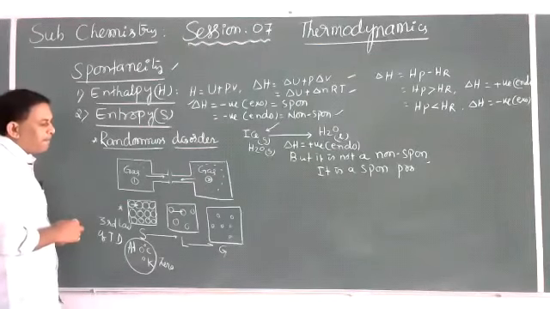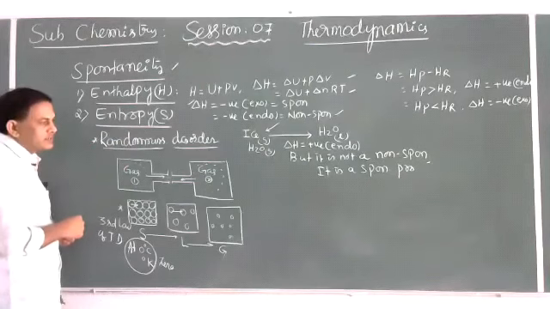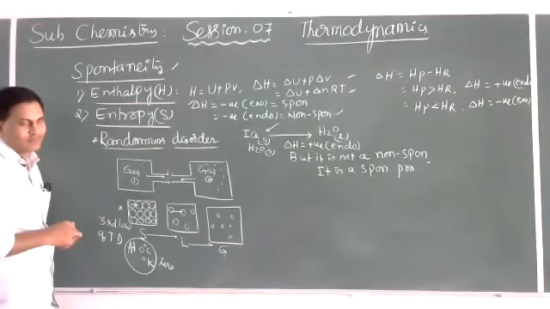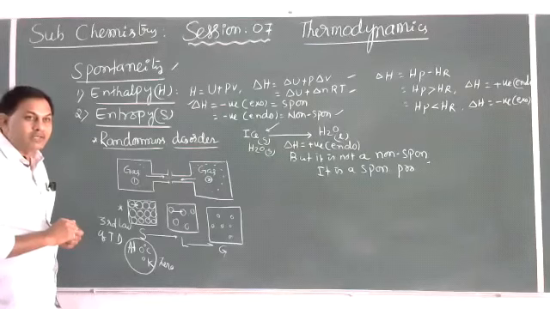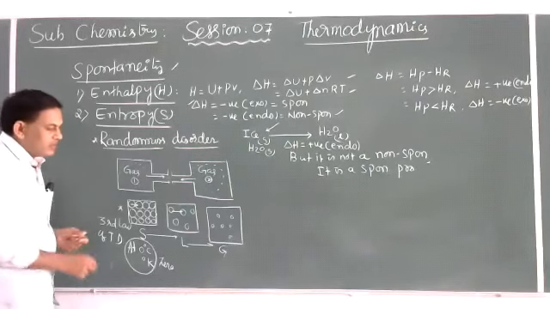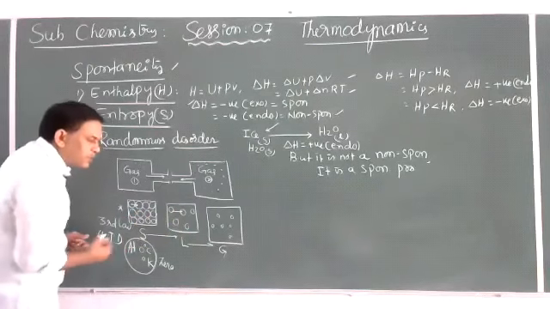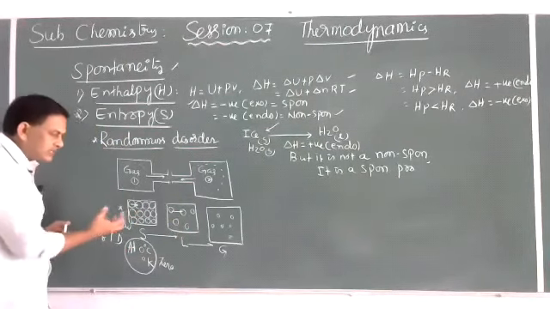Anyhow, for the total universe, system and surroundings, the disorderness or randomness increases when the process is irreversible, not a reversible process. So in solid to liquid and liquid to gas, the randomness or disorderness increases.